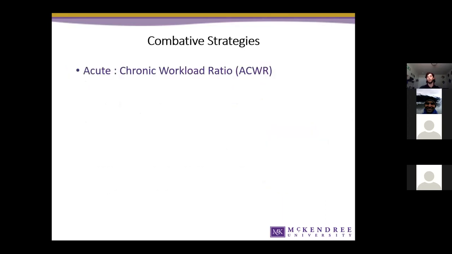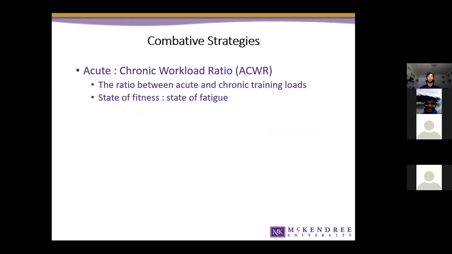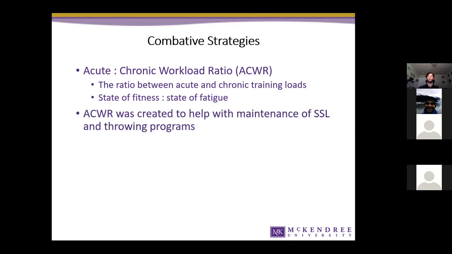Another main thing that I saw was the acute to chronic workload ratio, and this was really cool. So the basic idea of this is it is the ratio between acute and chronic training loads, where acute is basically analogous to the state of fitness and chronic is analogous to a state of fatigue. Acute training would be more of a day-to-day, whereas chronic training would be more of weeks on end.